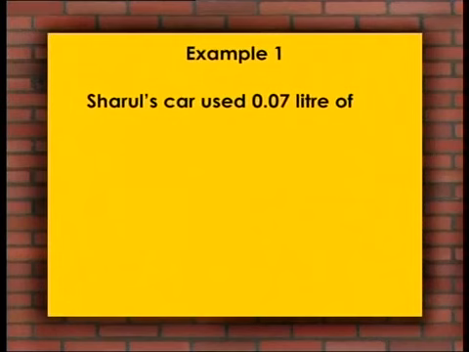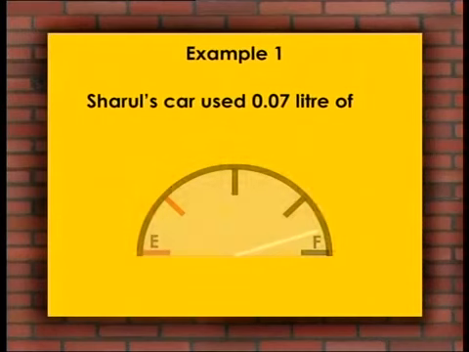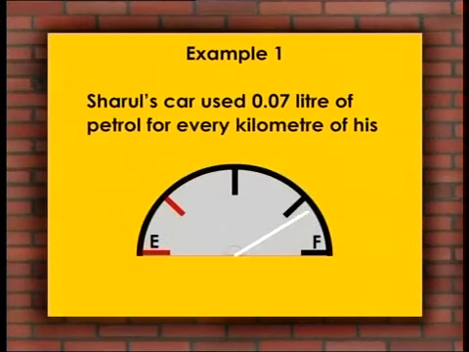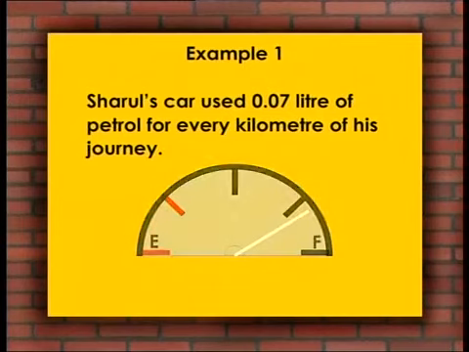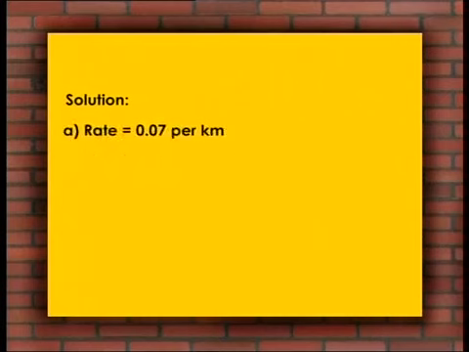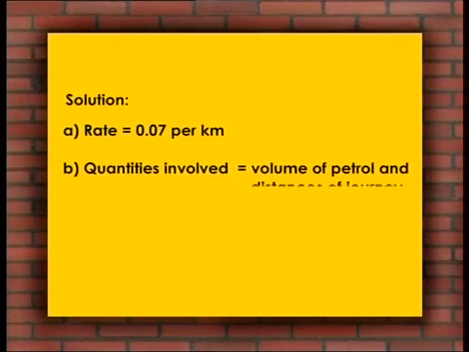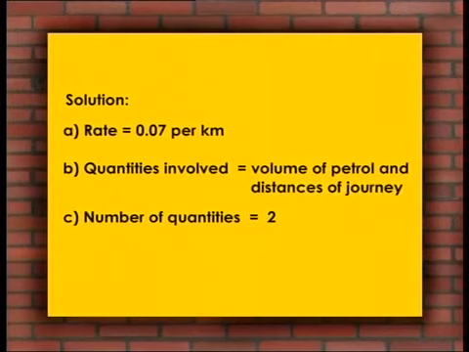Sharul's car used 0.07 liter of petrol for every kilometer of his journey. Solution. A. Rate of petrol used is 0.07 per kilometer. B. The two quantities involved in each rate are volume of petrol and distance of the journey. C. The number of quantities involved is 2.